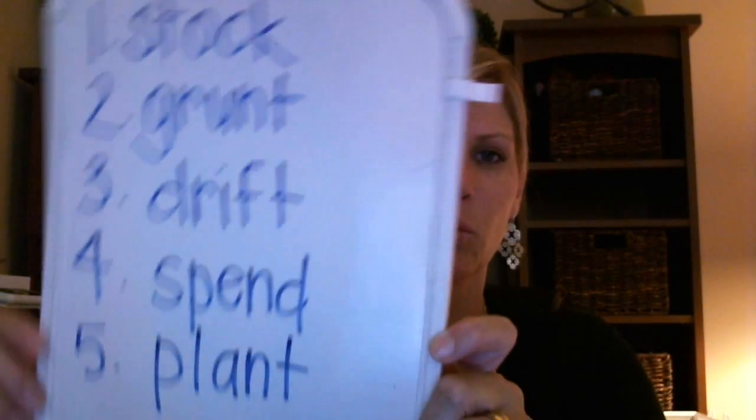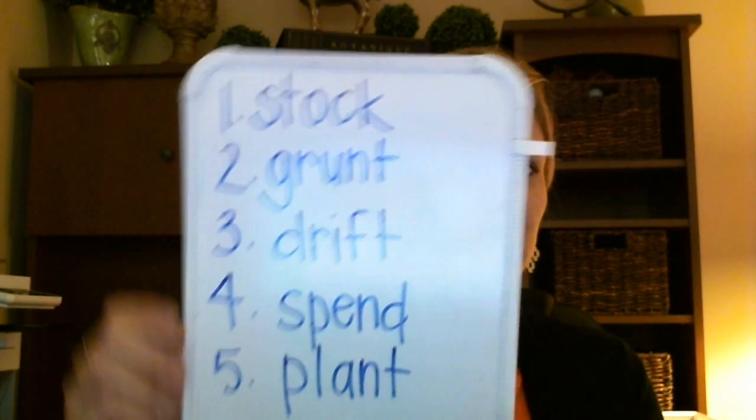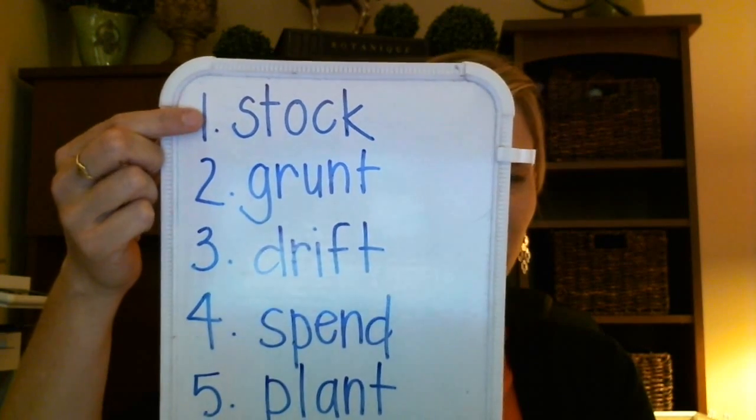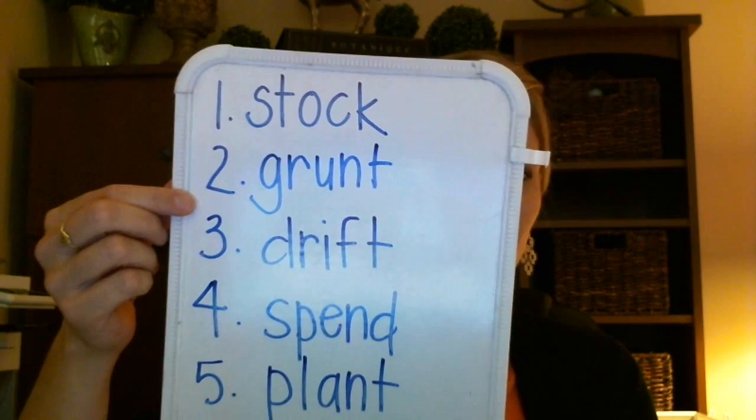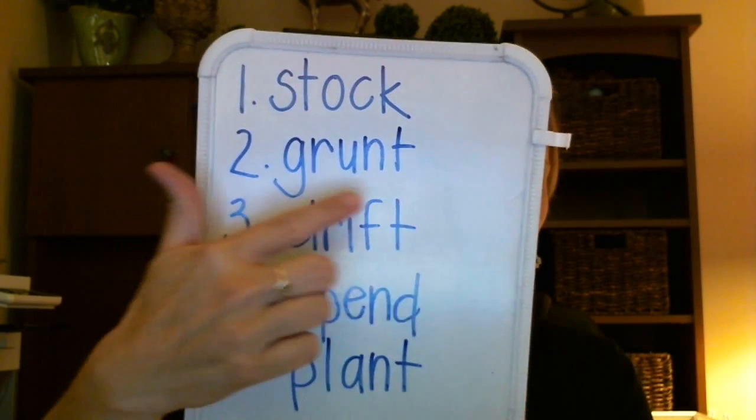Okay, now that you've written your sentences, let's go back and check and make sure that we match the right words with the vowel sounds. Okay, so number 1 we did together, and that was stalk, had the ah sound. Number 2 was grunt.